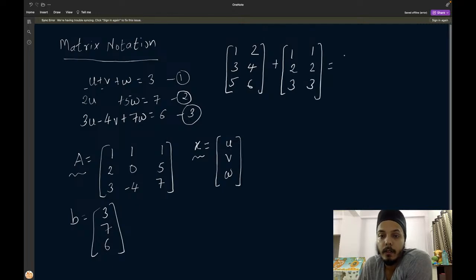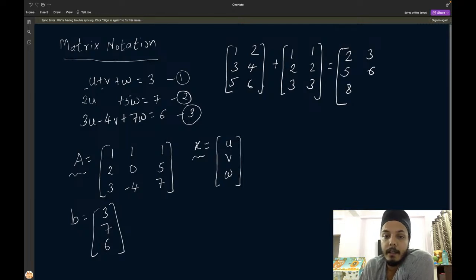Now how we can add is element wise. 1 will be added to 1, so it will become 2. Now 2 plus 1, so it will become 3. 3 plus 2 is 5. 4 plus 2 is 6. 5 plus 3 is 8, and 6 plus 3 is 9. So you can see how the matrix addition is done.